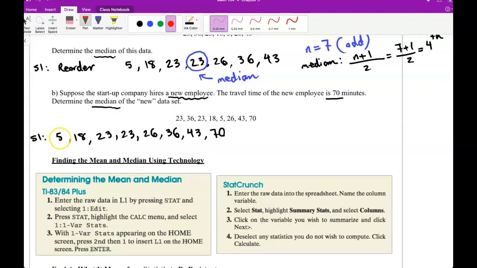Okay, so now finding what the median is. The median is in between. So you have 1, 2, 3, 4, 5, 6, 7, 8. So we have 3 on the left, 3 on the right. What's left in between? We have these two, 23 plus 26 divided by 2. That is the median.